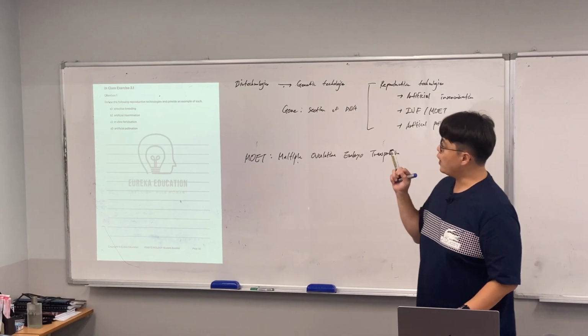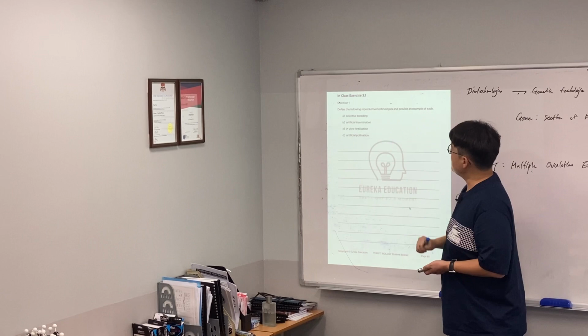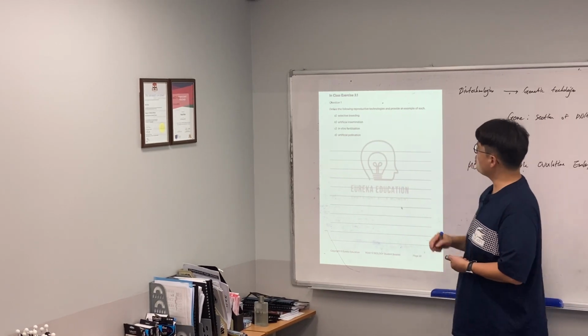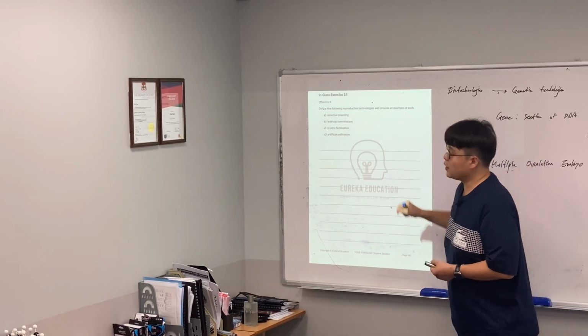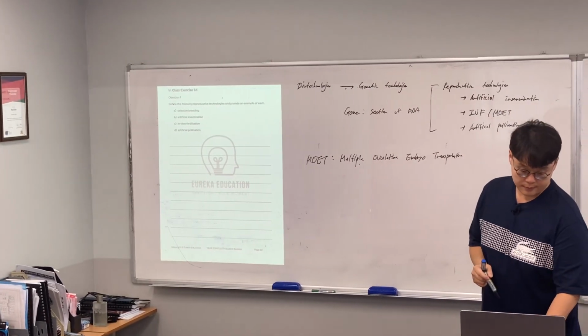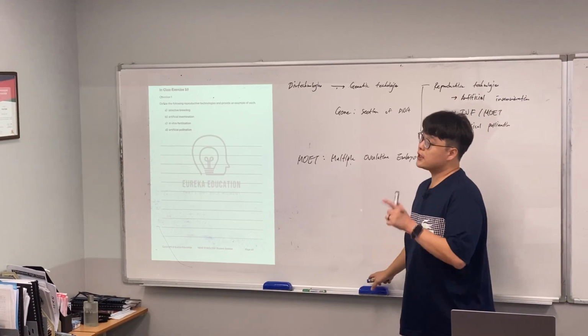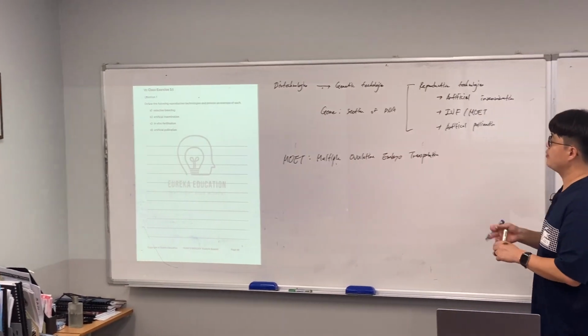Now for question 1, could you define selective breeding, artificial insemination, in vitro fertilization, and artificial pollination? Just write down the definitions for now. Just one sentence would do.